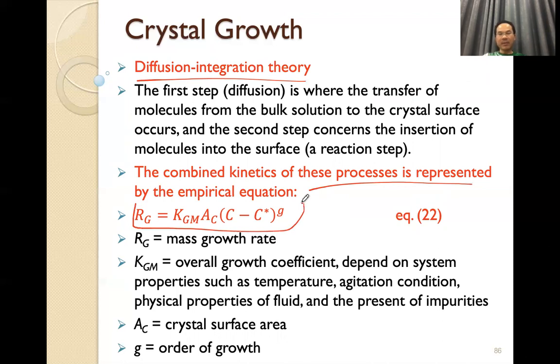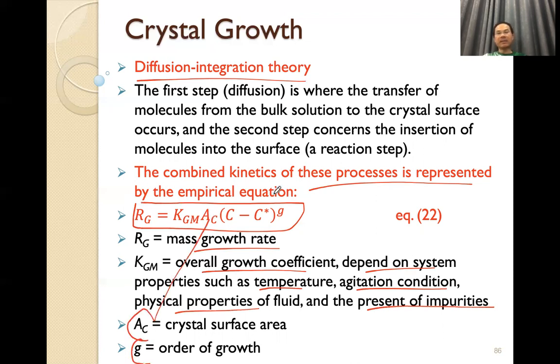Rg equals Kg times (C minus C star) to the power g. Rg is the mass growth rate. Kg is the overall growth rate coefficient, which depends on the system, the temperature, aggregation speed, the physical properties of the fluid, and also the presence of impurities. A is the crystal surface area, and g is the growth order.